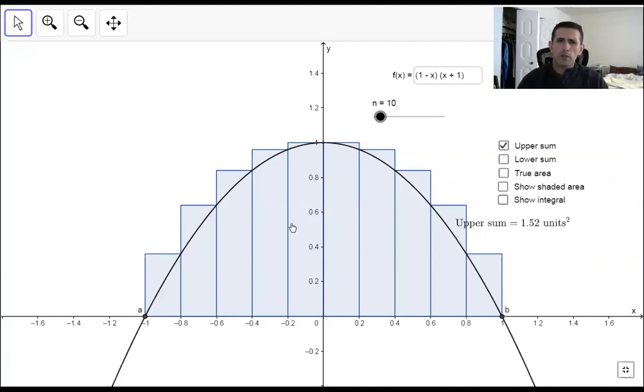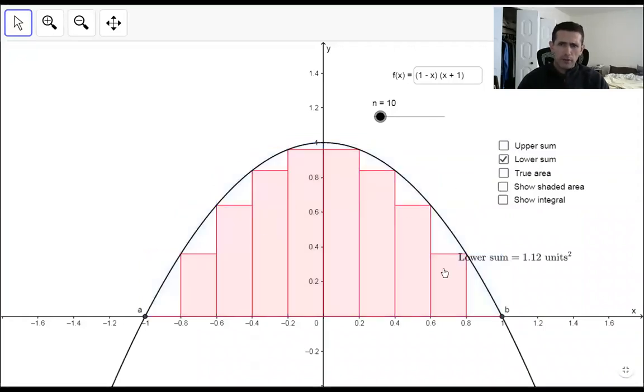So you'll notice that if the width of each partition interval is not that small, then the Riemann upper sum pretty grossly overshoots the area, and the Riemann lower sum pretty grossly undershoots the area under the curve.